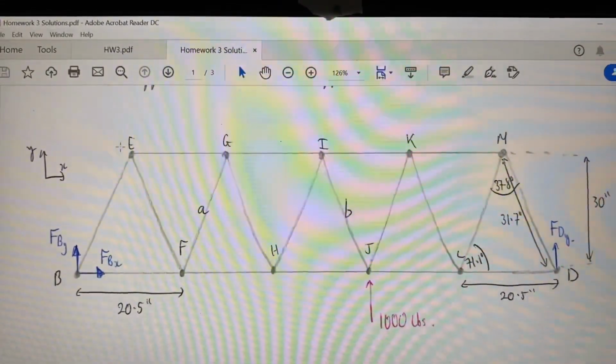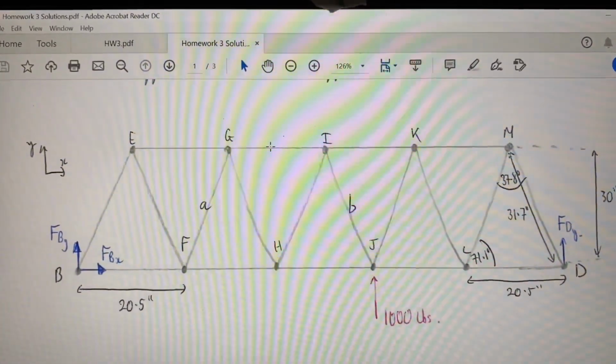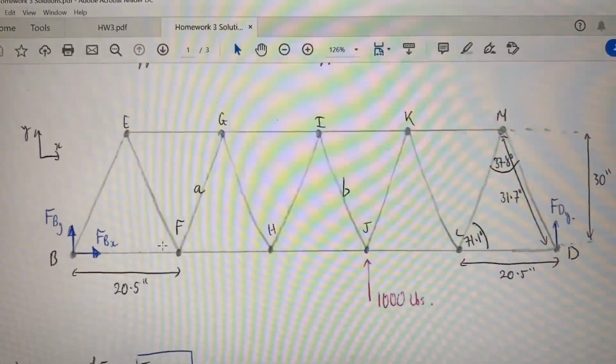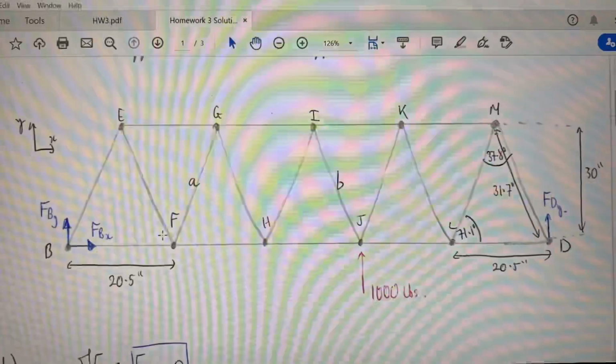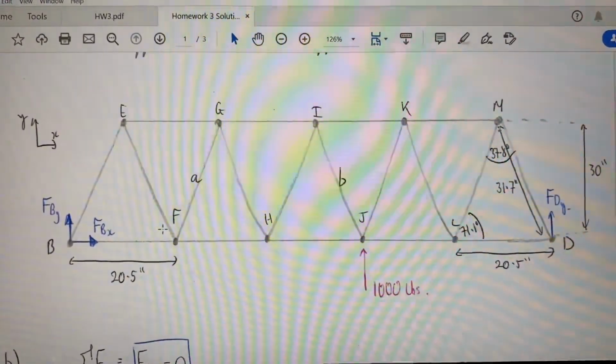And I've left the top part of the truss free, right? And that then gives me a statically determinate system, because I have 3 unknowns and I can apply 3 equilibrium equations to this 2D system and hopefully solve for those unknown reactions.